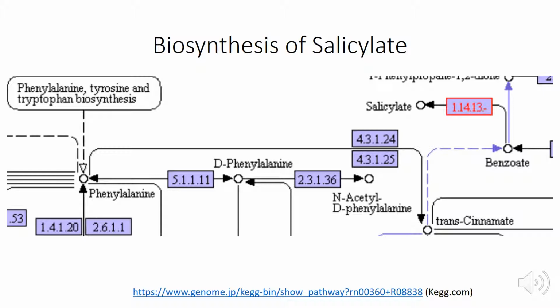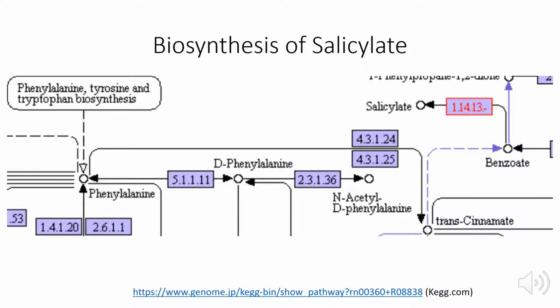As you can see, there's a dotted line going from trans-cinnamate to benzoate. This dotted line indicates that they do not know exactly how this reaction occurs because they do not know the exact enzyme that catalyzes it, but we have proposed a mechanism for you that Bernadette will be going through.